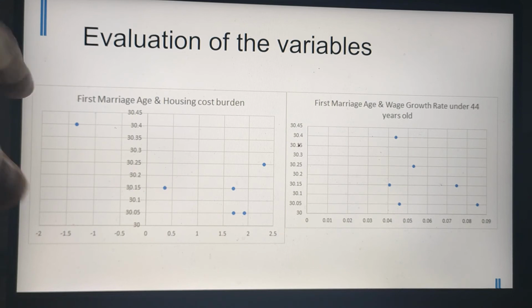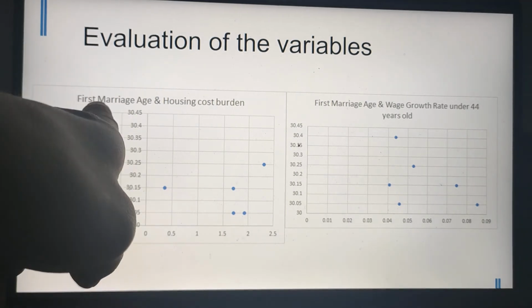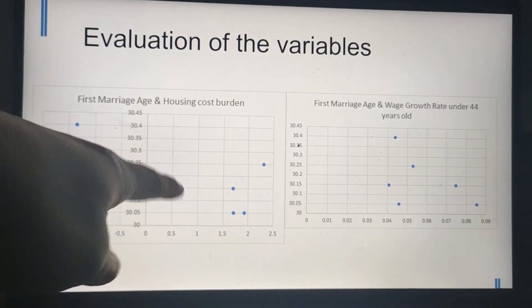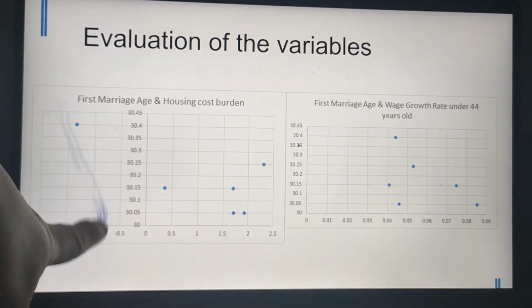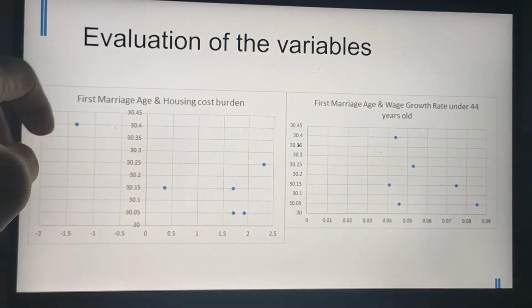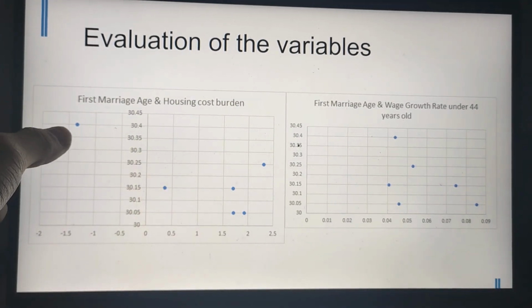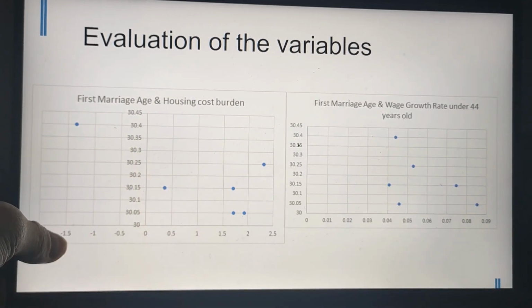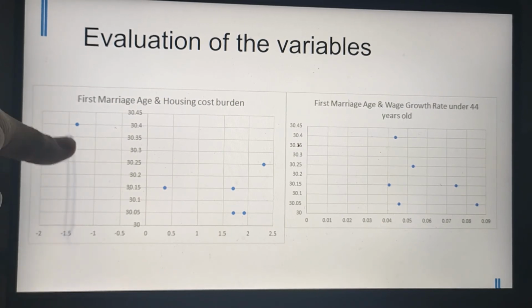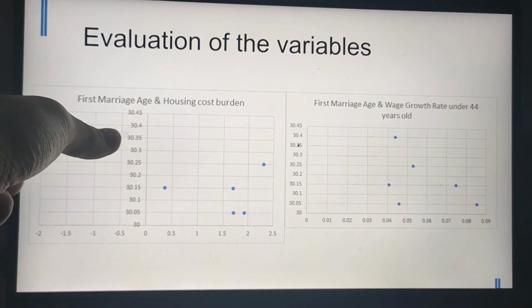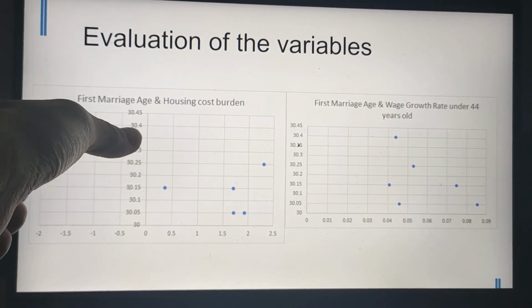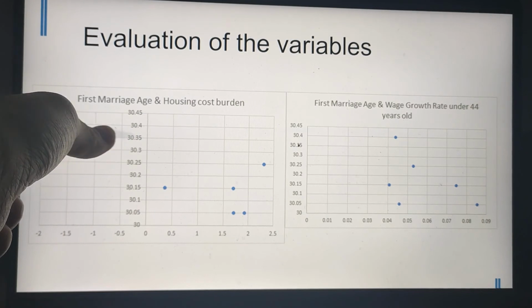On the left graph, the first is a correlation between the first marriage age and the housing cost burden. We can see it's not that correlated, because here the housing cost burden is quite low and even negative, but people still choose to get married at quite an old age.